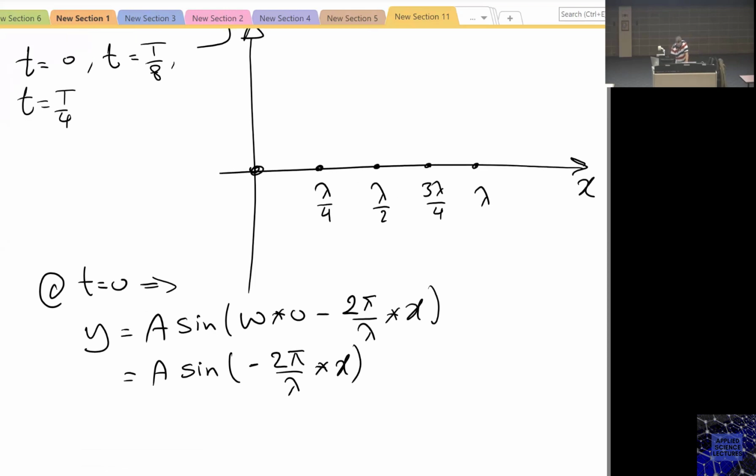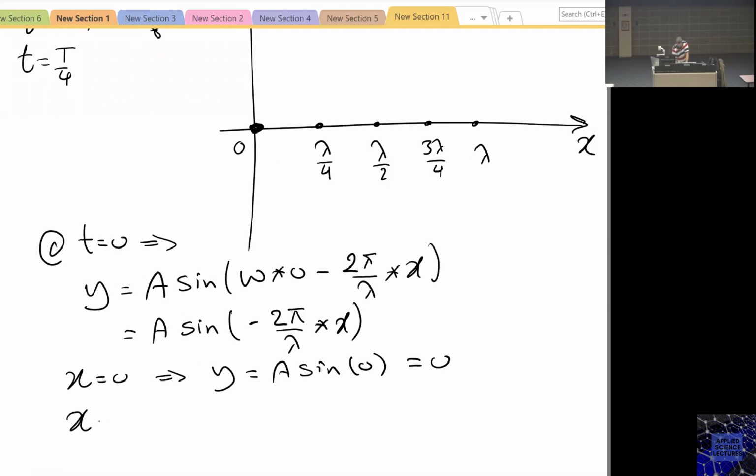So in order to plot this, I will solve it for all those points. For x equals 0, I have y equals A sine 0, which is 0. So my first point is this one, 0. At time equals 0, I have 0 displacement. Next one, x equals lambda over 4.